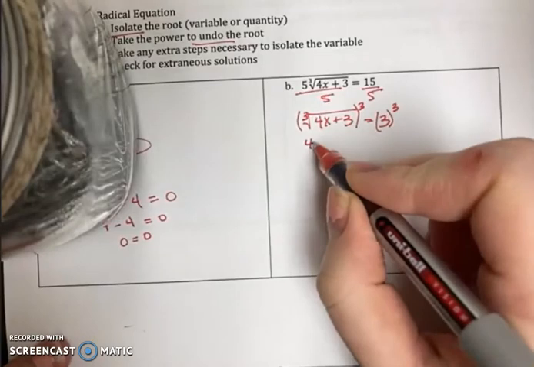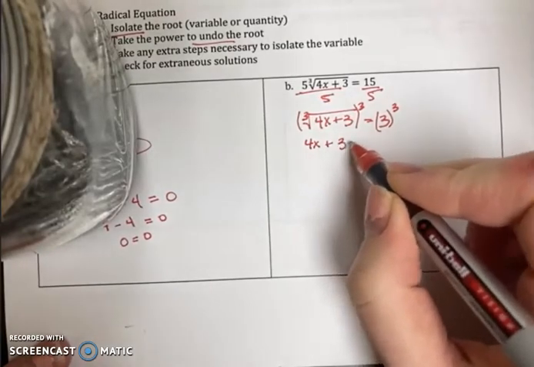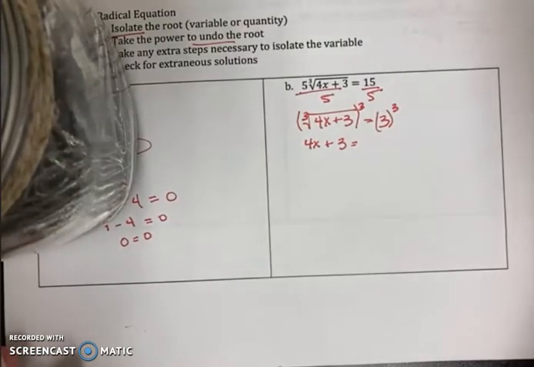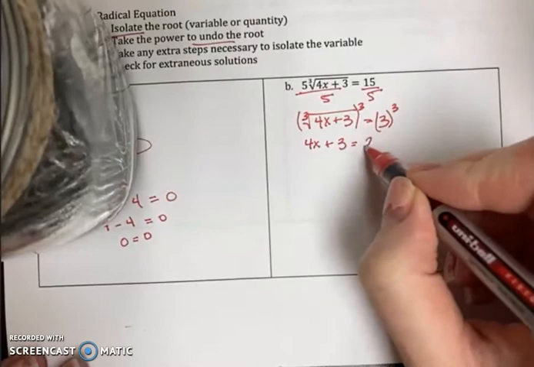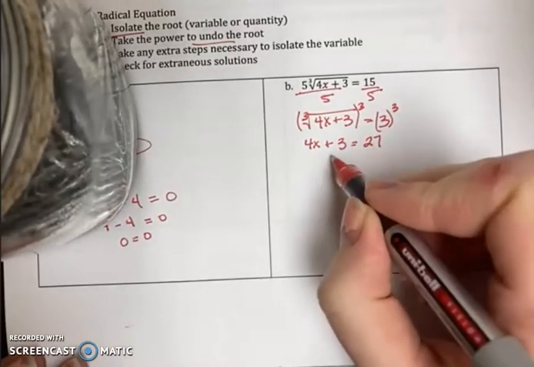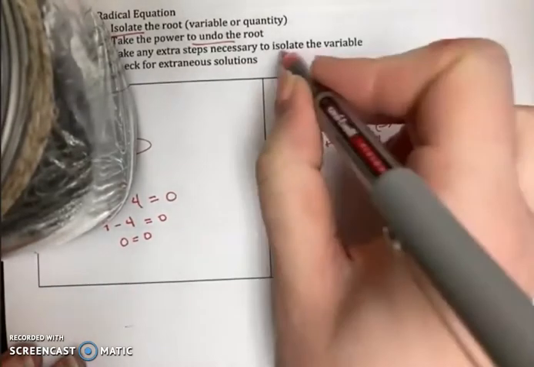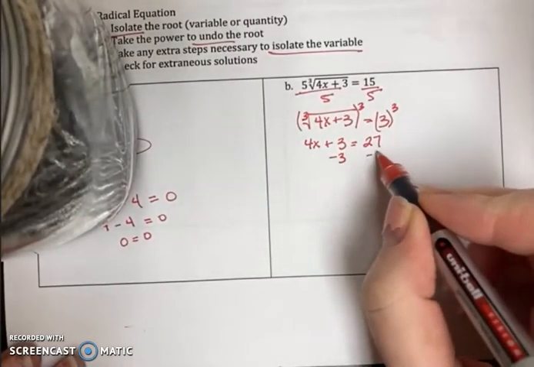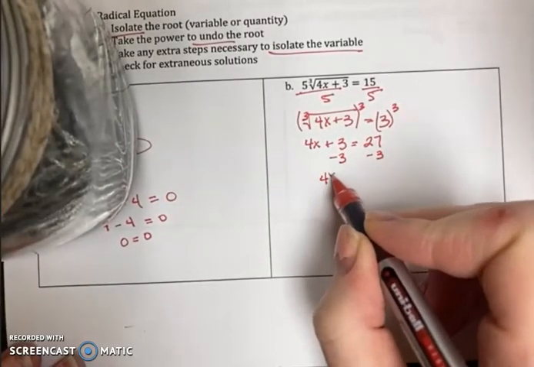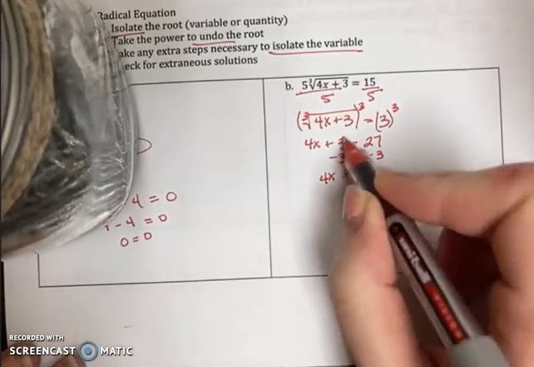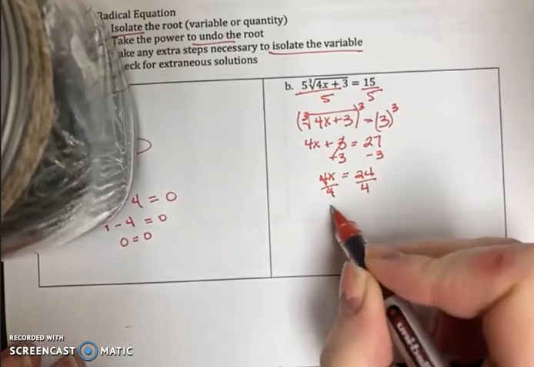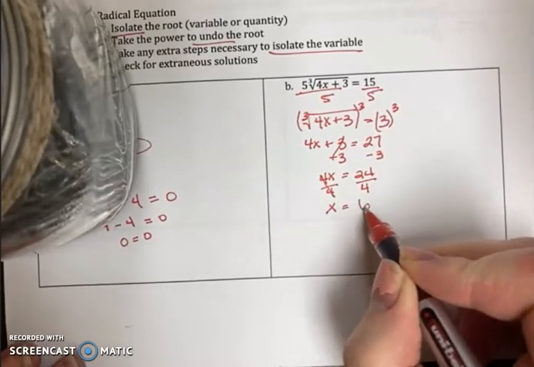So that's 4x plus 3 equals 3 cubed, which is 3 times 3 times 3. 3 times 3 is 9 times 3 is 27. Now I need to take any extra steps to isolate the variable. So we're solving for x. I would subtract 3 from each side. Divide by 4. X equals 6.